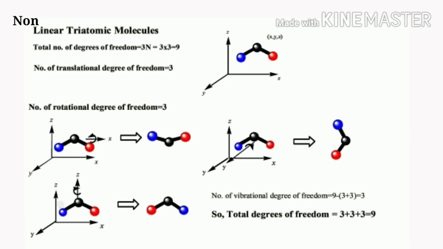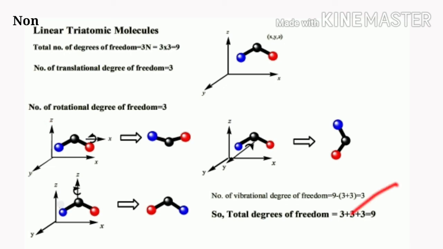Also, it may rotate along z-axis, about the axis perpendicular to the plane of the slide, this way. So hence we need all the 3 axes to specify its rotational motion. So the number of rotational degrees of freedom is also 3.